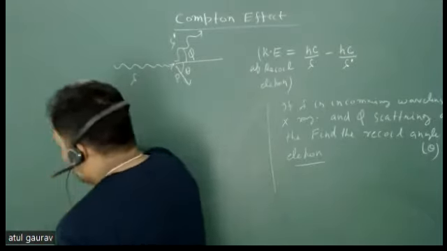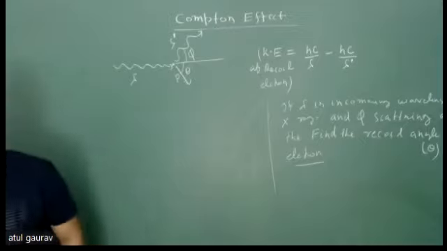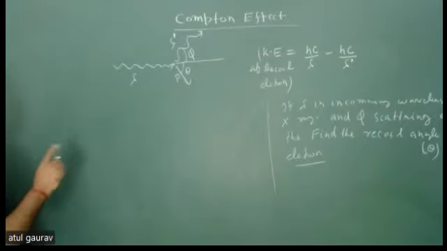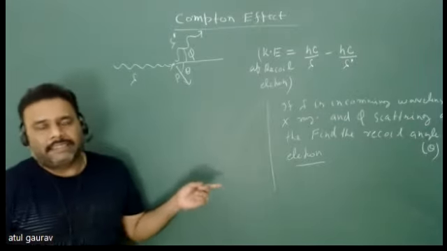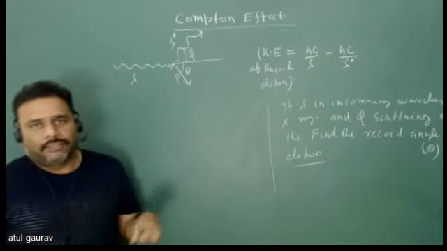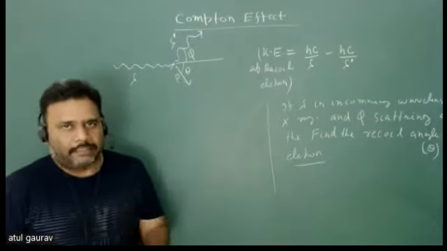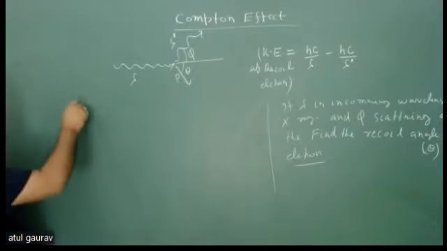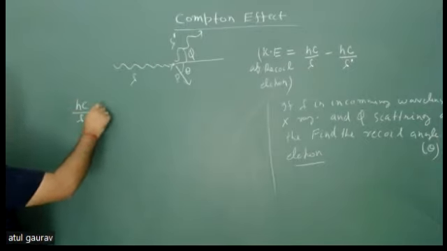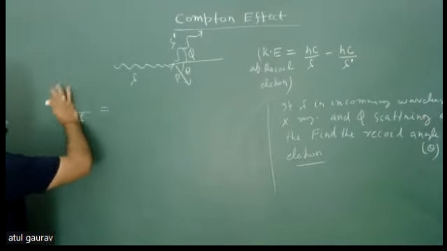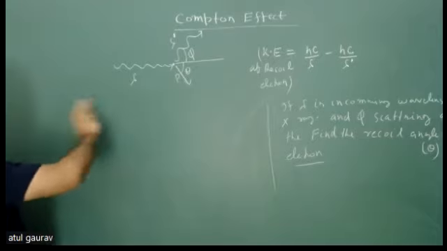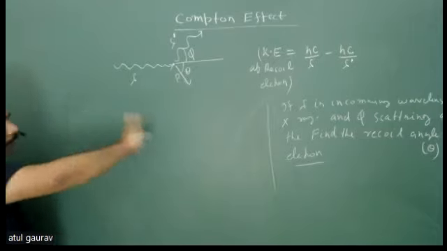That is why I told you that the derivation is very important. In the derivation we did conservation of linear momentum in the x direction as well as in the y direction. So what is conservation of linear momentum in the x direction? What will be the incoming momentum?